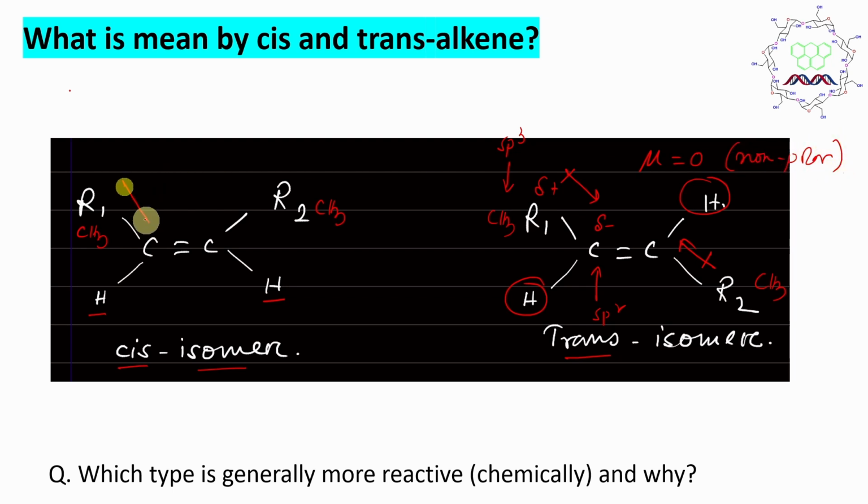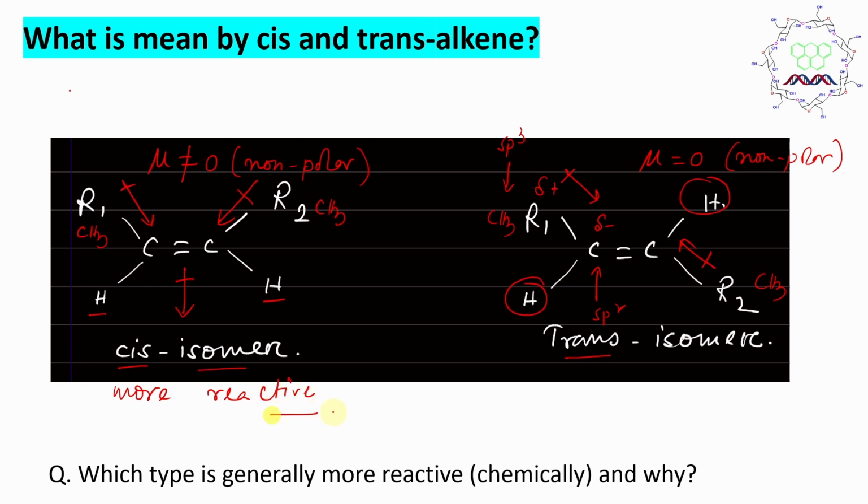Whereas if you look at the cis case, this is one dipole moment, this is another dipole moment, there is a net dipole moment, this resultant mu is not equal to 0, so it's polar. By the way, the polarity is very less, the dipole moment value is very small, but still I can conclude it's polar. And since there is a particular orientation of dipole moment, meaning electron density, I can conclude this is comparatively more reactive.